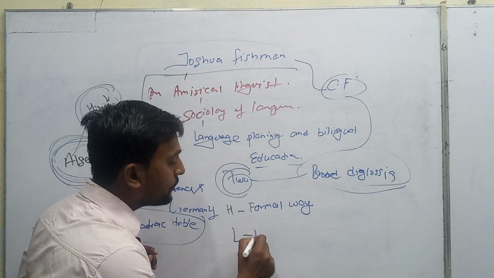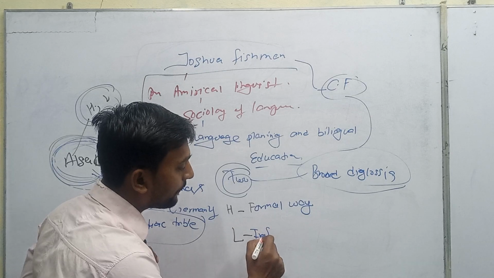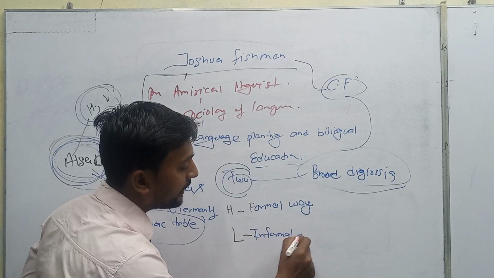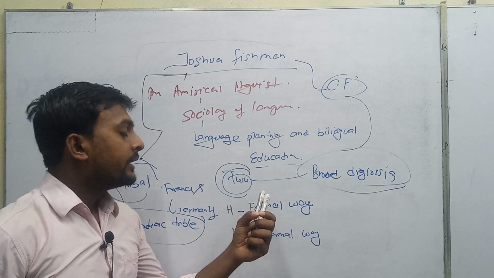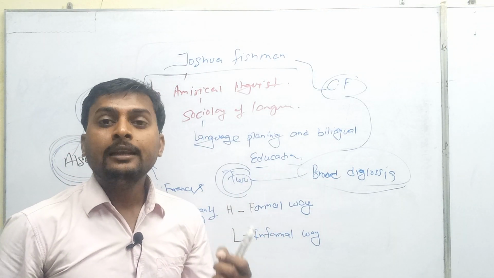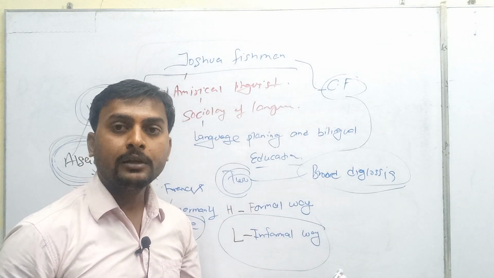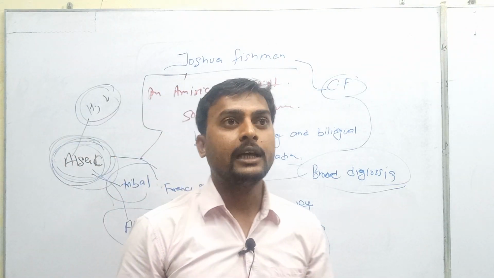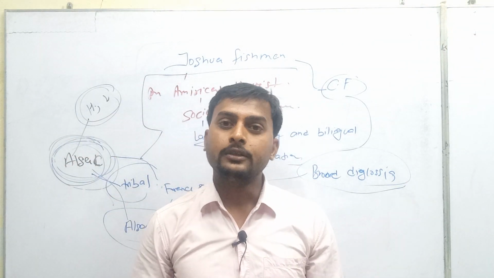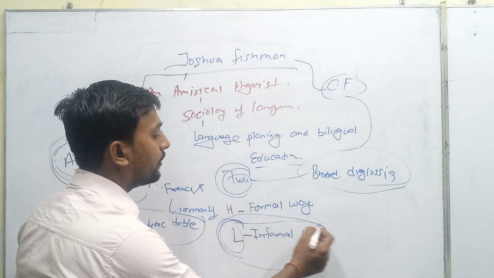Low prestige is used in an informal situation or informal way. Children generally learn the informal language, low prestige. I hope this question may be asked, so know this: children generally learn low prestige.